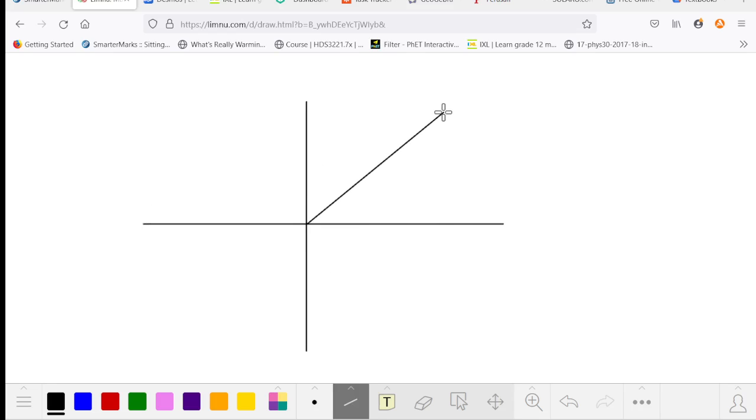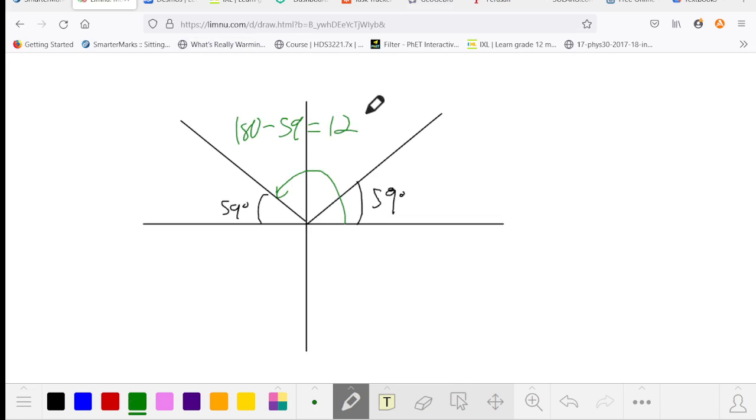So we have a line coming out this way. If it's reflected over the y-axis, now it's going to come out this way. It's like we put a mirror in the y-axis. So if that's 59 degrees, this will have that same 59 degree reference angle. So the actual angle here is 180 minus 59, which is 121.